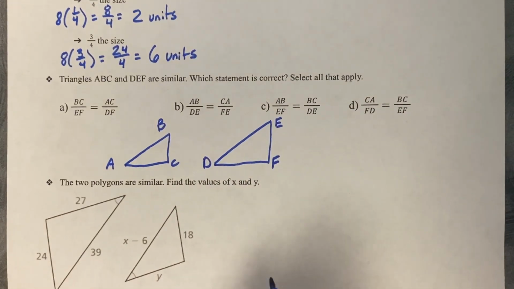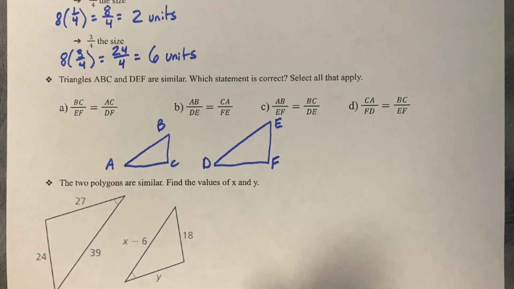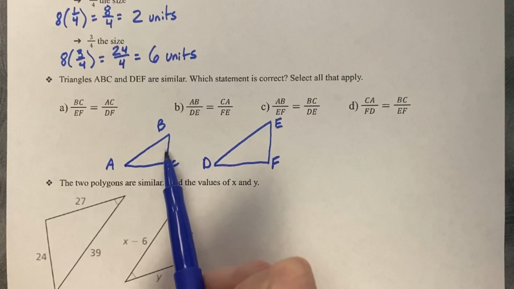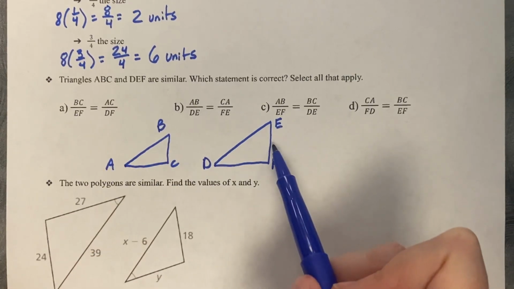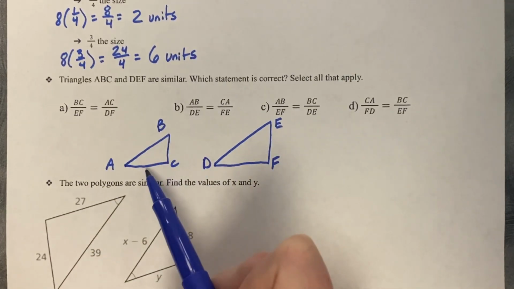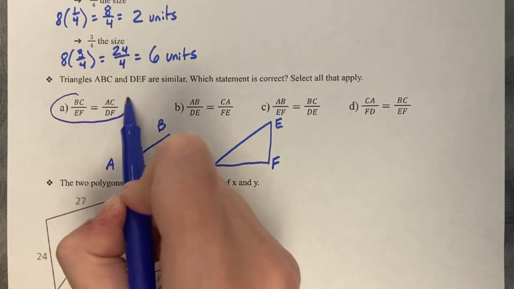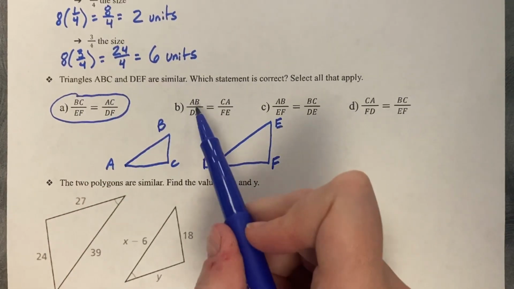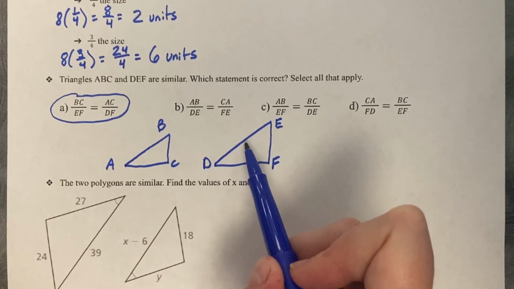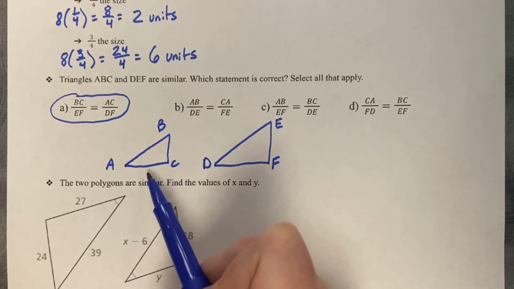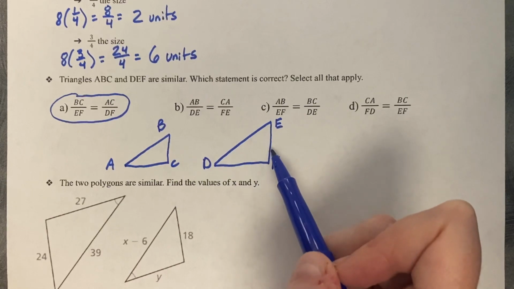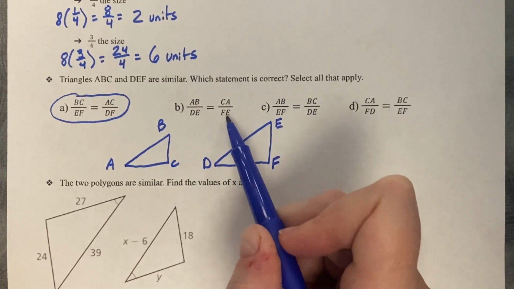And now we want to know which of these proportions that are already set up for us are correct. Let's check the first one. BC is to EF as AC is to DF. That's true. AB is to DE as CA is to FE. That's false.